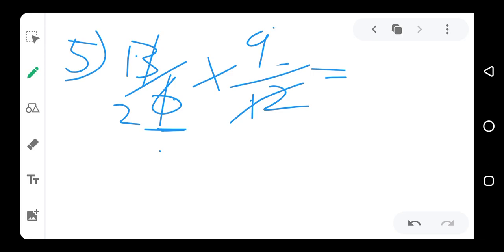Yes. 3 can divide 12 and get 4. 12 divided by 3 will give us 4. And then you come on top. Is there anything that can divide 9? Okay, 3 can divide 12 and divide 9. So 9 divided by 3, it will give us 3.